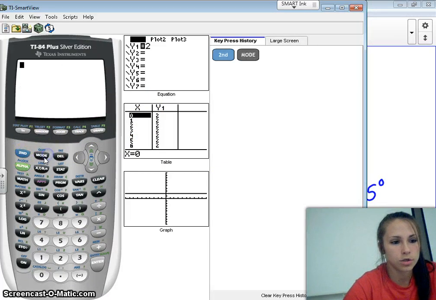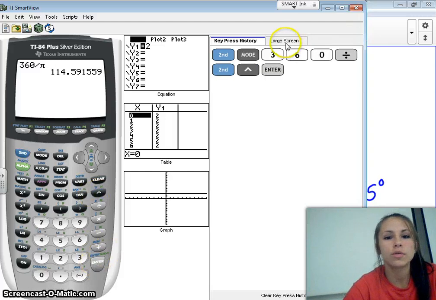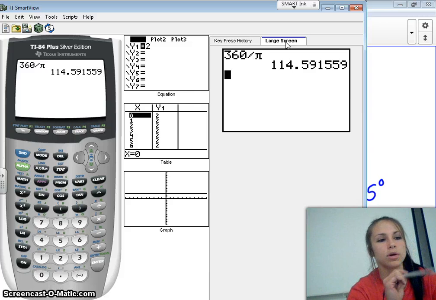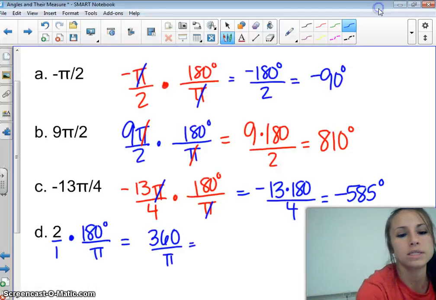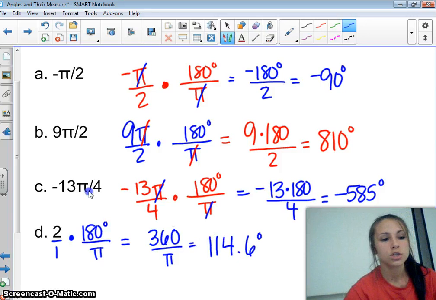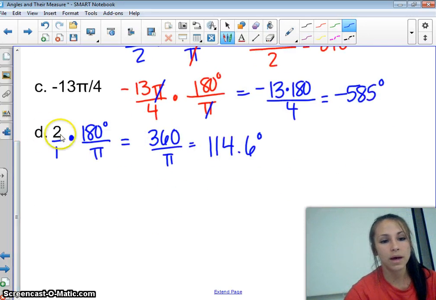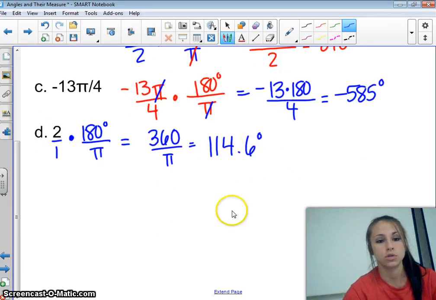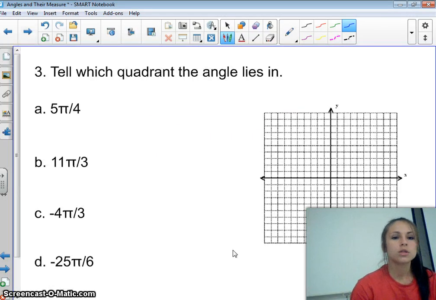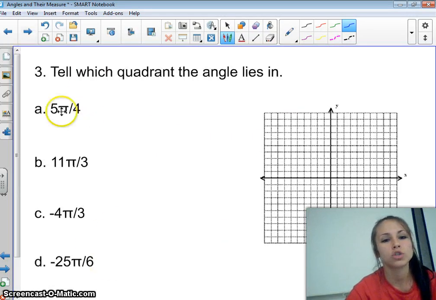So I'm going to go to my home screen and just type in 360 divided by, I'm going to hit second pi. And so then let's round it to one decimal place. So I'm going to round this to 114.6 degrees. So this is 114.6 degrees. So even if you don't have a pi in your radian, you can still turn it into degrees. Okay, same difference.